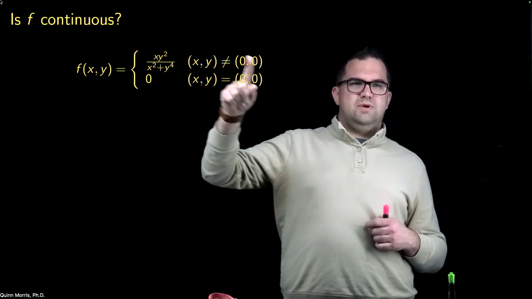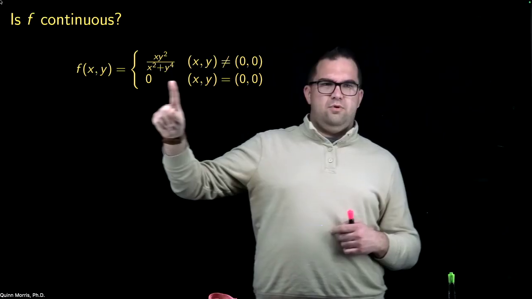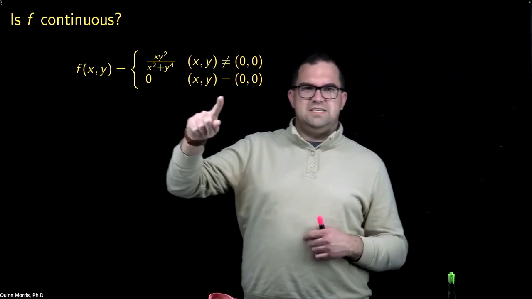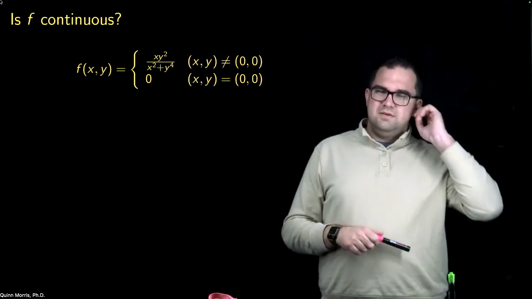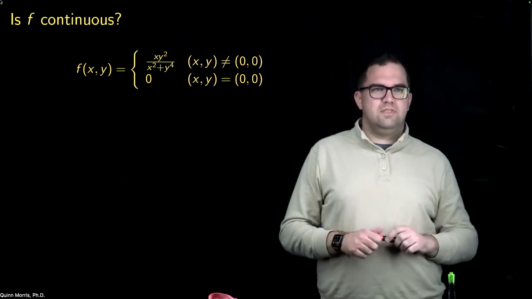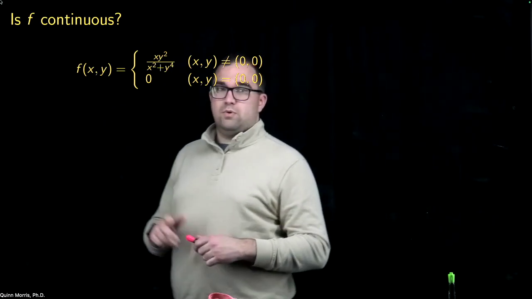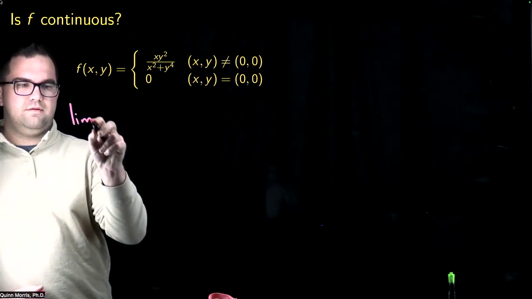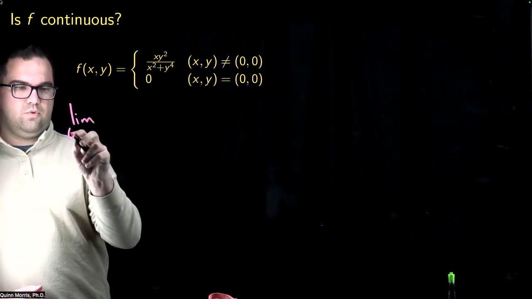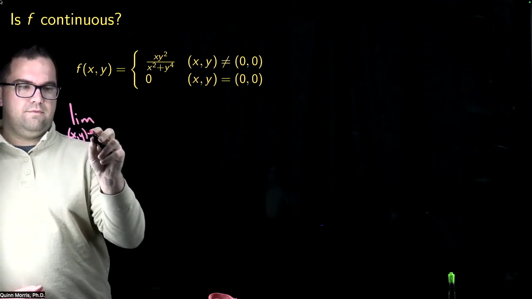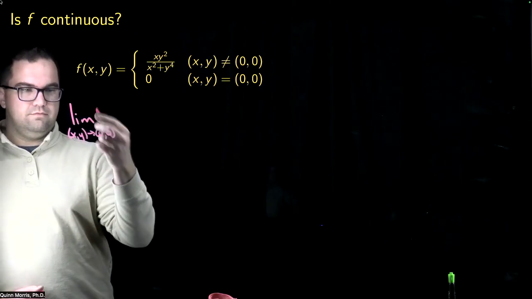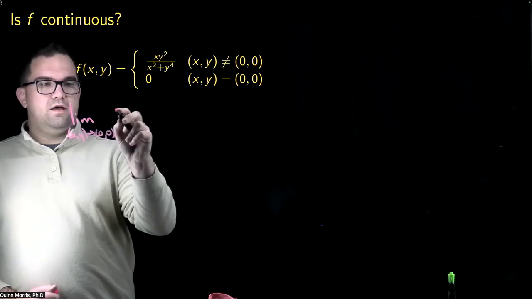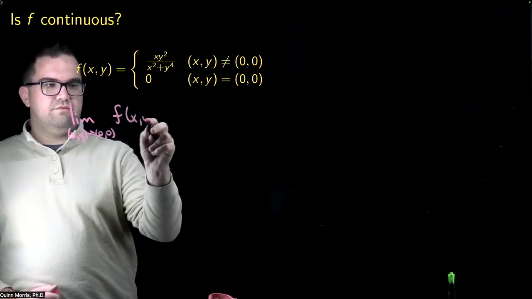This ought to be continuous everywhere except at 0, but now I've got to figure out if this 0 thing is filling in the hole in the right way? So in order to understand that, we really need to know what is the limit as x and y go to 0, 0, the 0 vector, of this function f of xy.